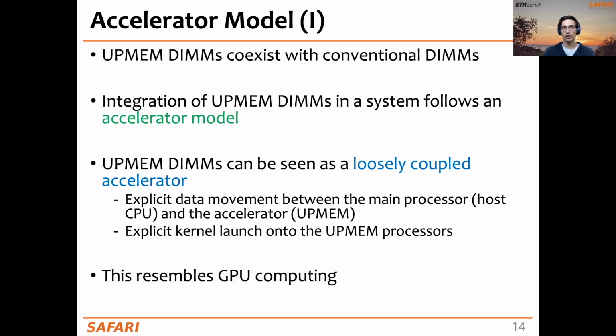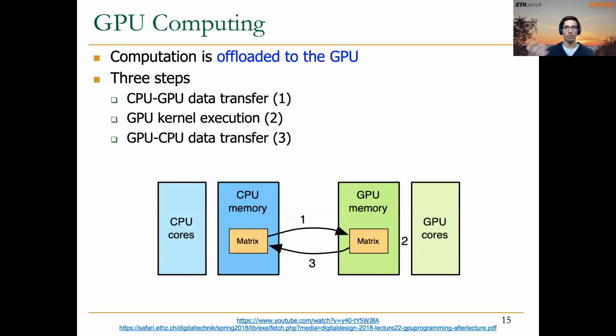This model resembles GPU computing. As probably most of you are familiar with, in GPU computing the computation is offloaded to the GPU, and there are essentially 3 steps. In the first step, we have a CPU to GPU data transfer, where we move the input data from the CPU memory to the GPU memory.